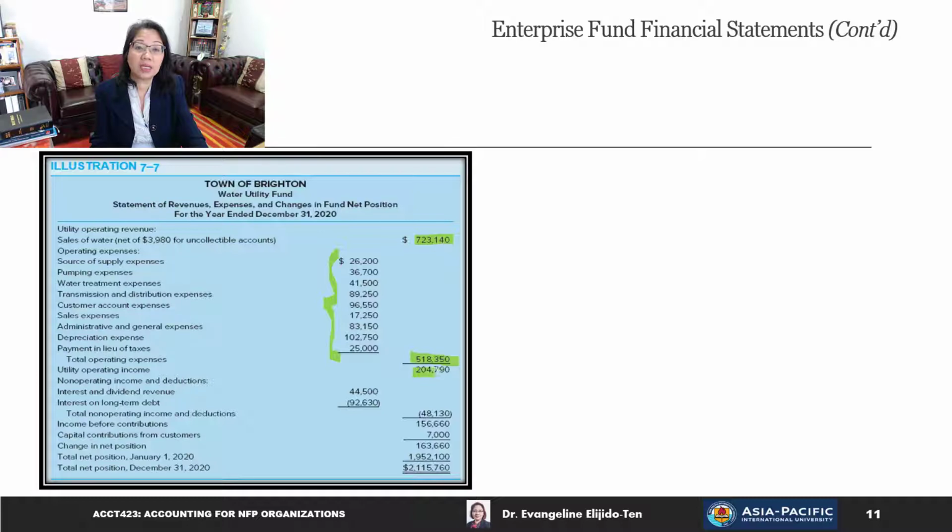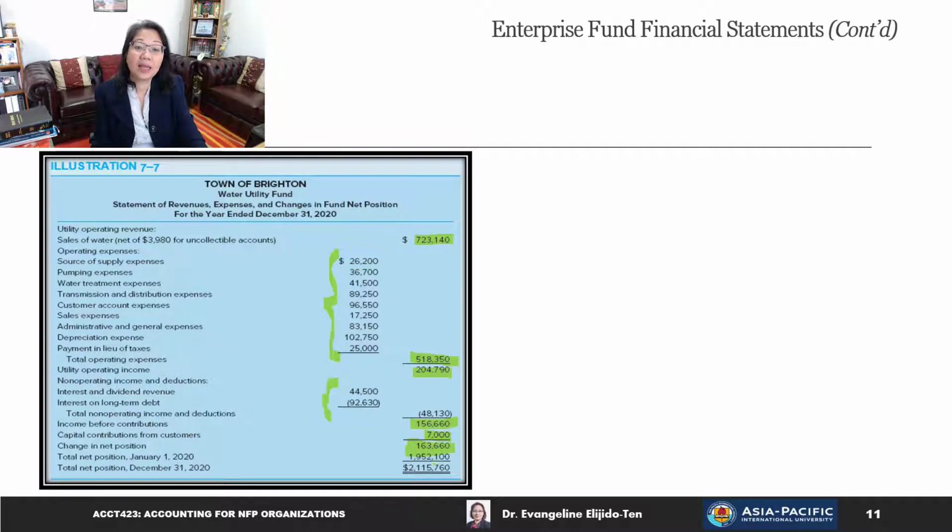Then you've got the utility operating income, and then you deduct the non-operating income and deductions in the form of the interest and dividend revenue that we've looked at, as well as the interest on long-term debt. So we get the income before contributions and the capital contributions from customers, that's 7,000 that we've accounted for. And finally, you will get the change in net position.